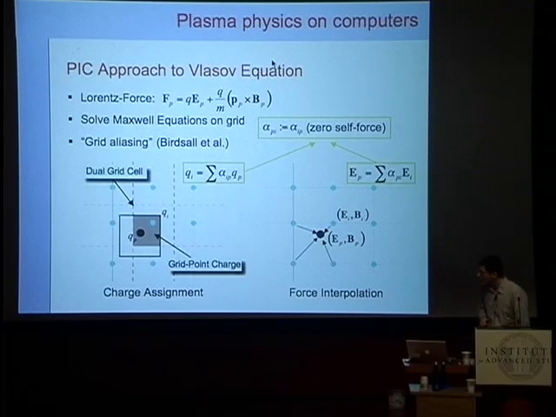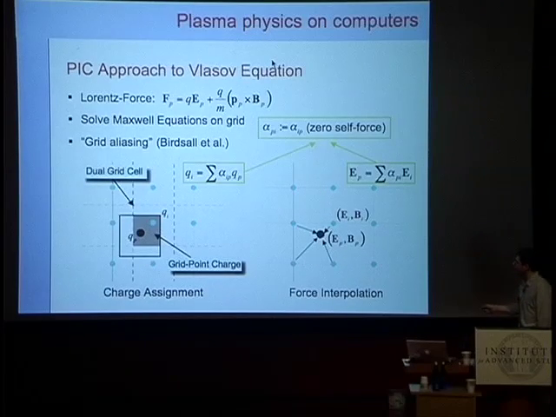So a typical algorithm goes something like this. Let's say this is a particle on a grid. You would deposit its charges onto the grid points. So different pieces of this charge would end up on different points on the grid, depending on how close it is to each individual grid point.